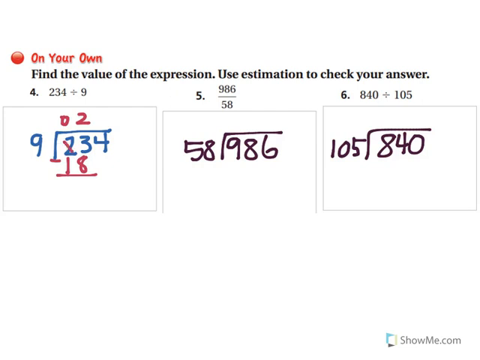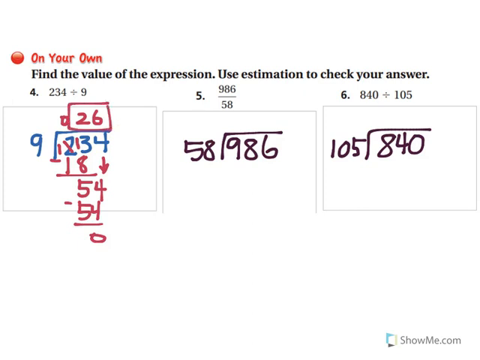The 2 becomes a 1. I'm going to borrow and make that a 13. So 13 minus 8 gives me 5. Bringing down my 4, so I have 54. And I know that 9 times 6 is 54. So I'm going to finish the problem out. My answer is 26.